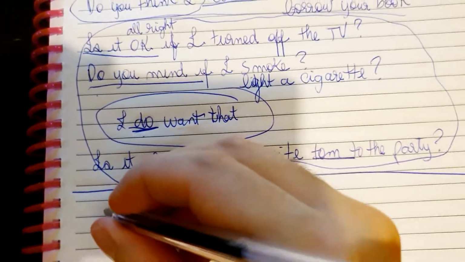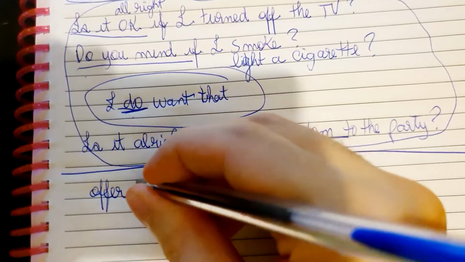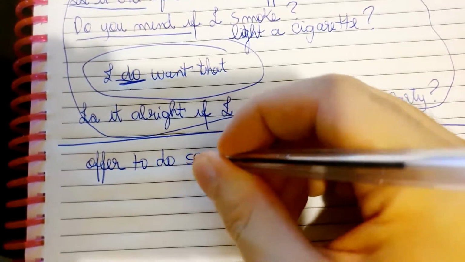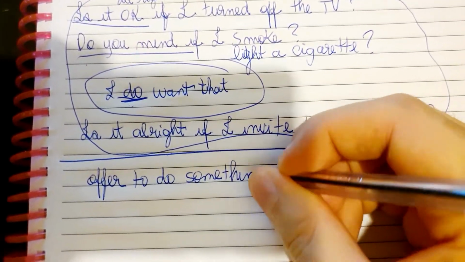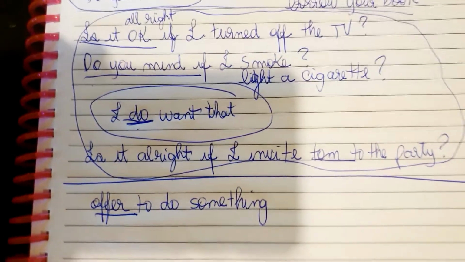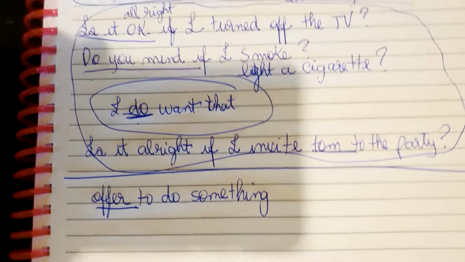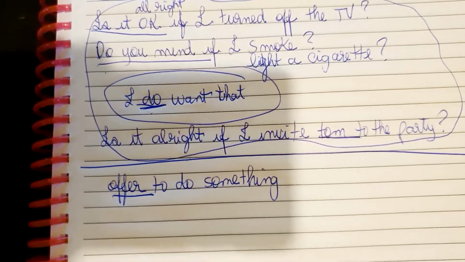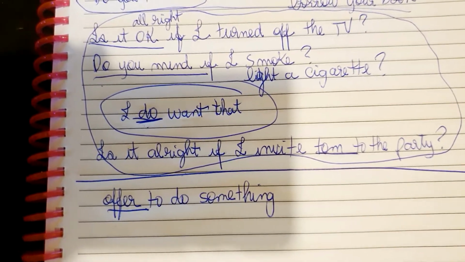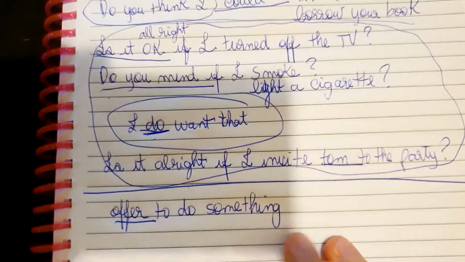It's also possible to offer yourself, offer to do something, not only to ask, right? It's necessary that you offer sometimes, not only ask people to give something to you. Maybe you have something to offer, right?